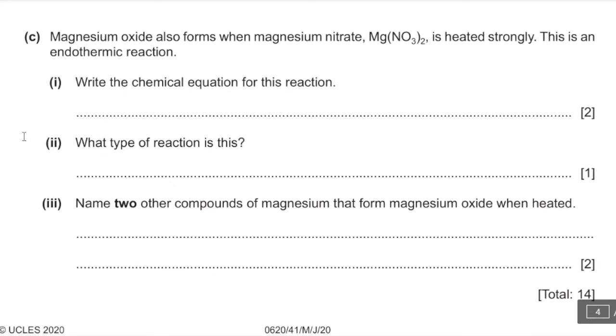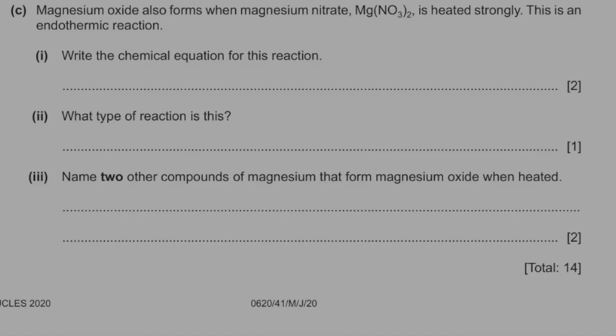C. Magnesium oxide also forms when magnesium nitrate is heated strongly. This is an endothermic reaction. Write the chemical equation for this reaction. So here you're supposed to be memorizing this equation.